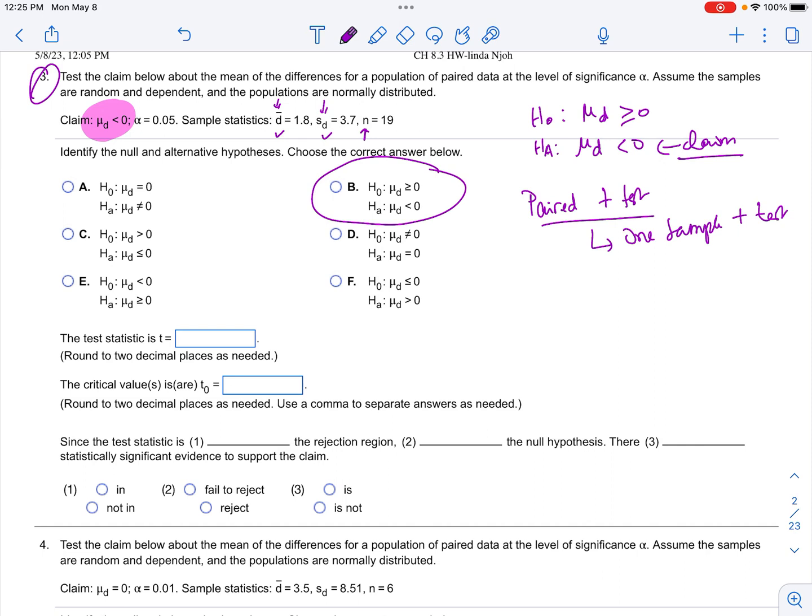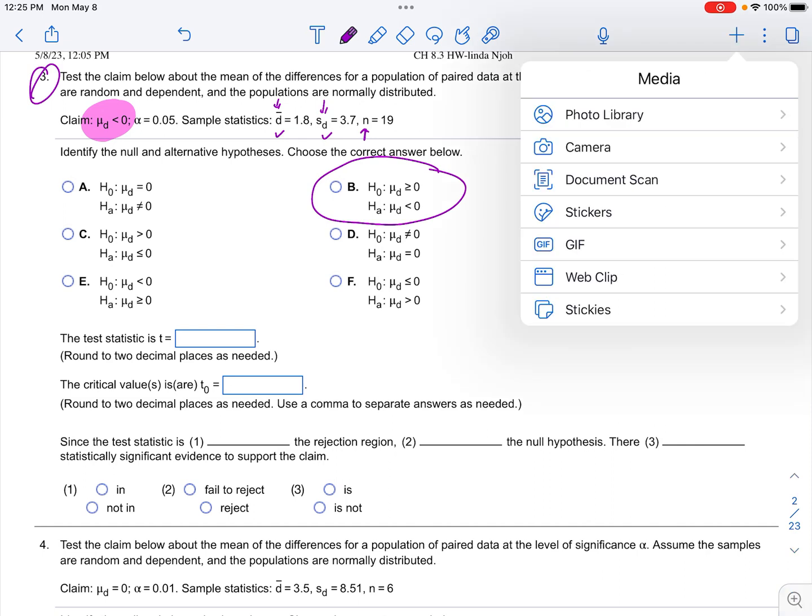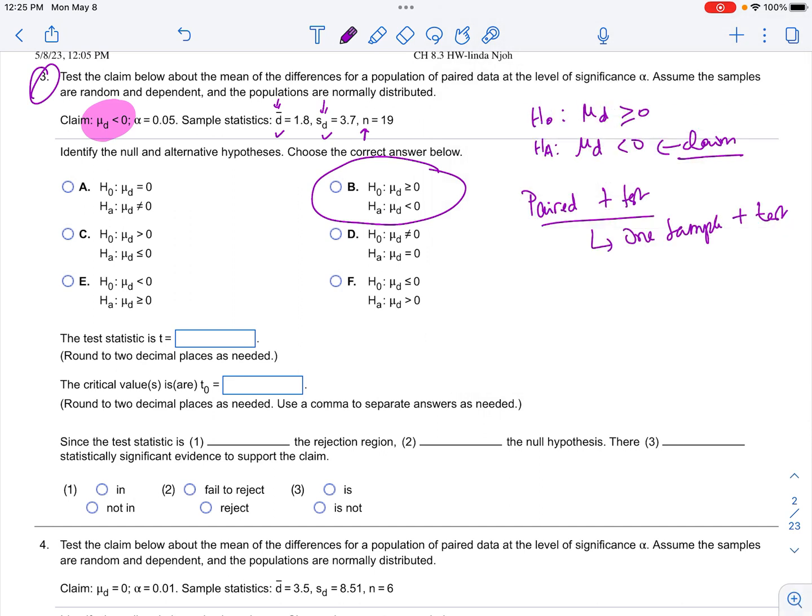So we're going to go inside the calculator and enter that information. Let me jot it down first for everybody. We're going to go to Stat, Test, t-test, and you select Stats.